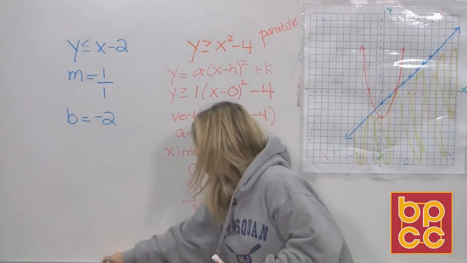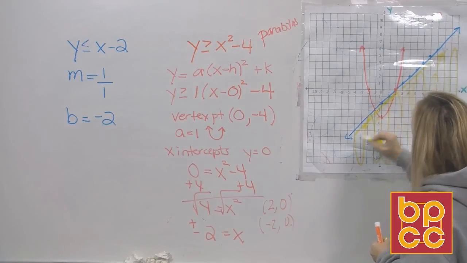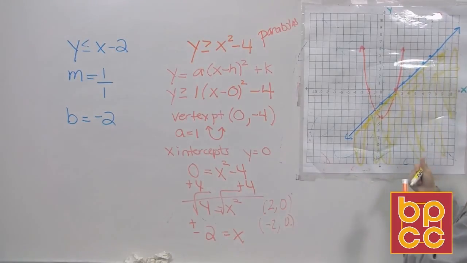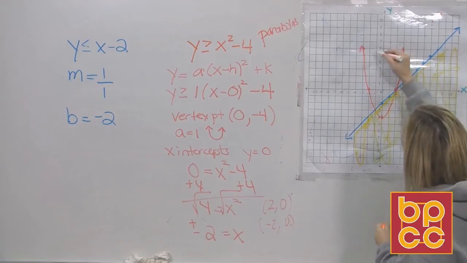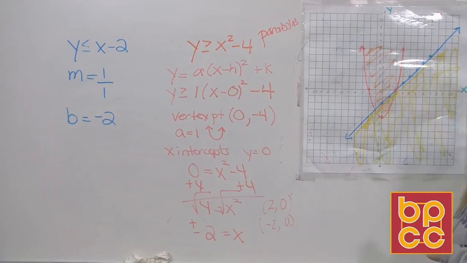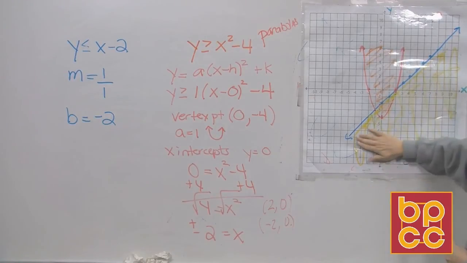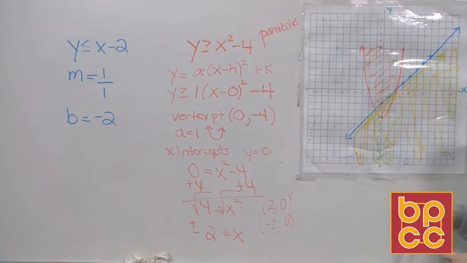So let's look again. The diagonal line is shaded all down here, right? There's the diagonal line, everything down there. Now I'm going to shade the inside of the parabola. Can you see where the shadings overlapped? This is all in orange, so that's not the answer. All this on the outside here is yellow. That's not the answer.